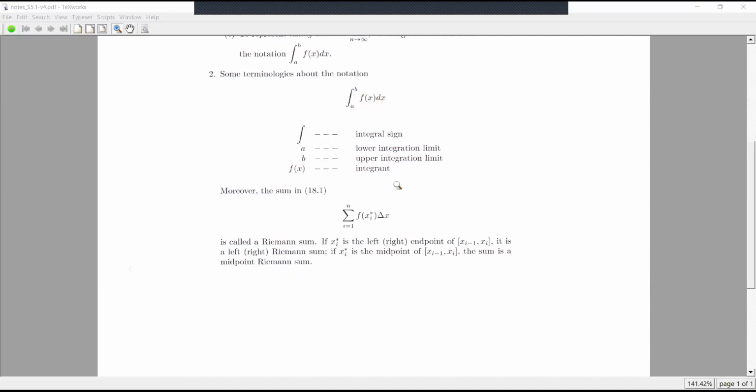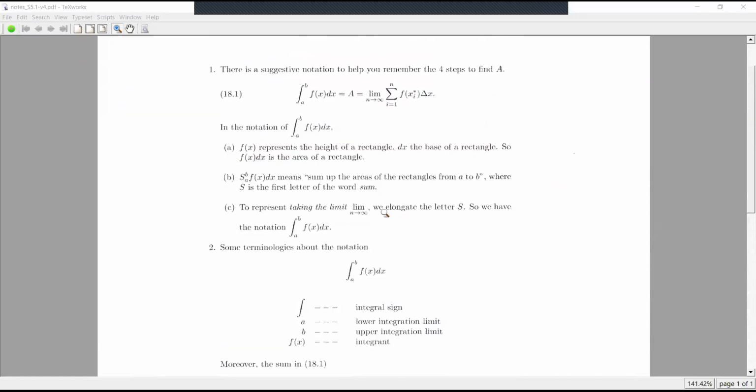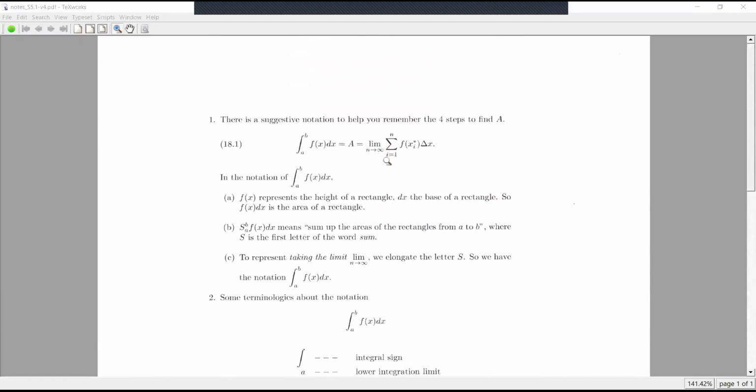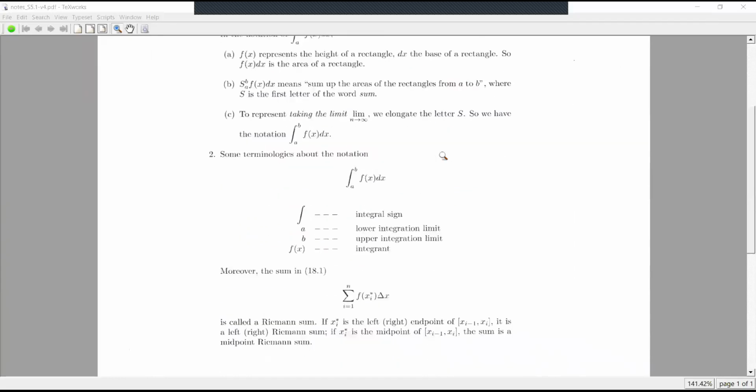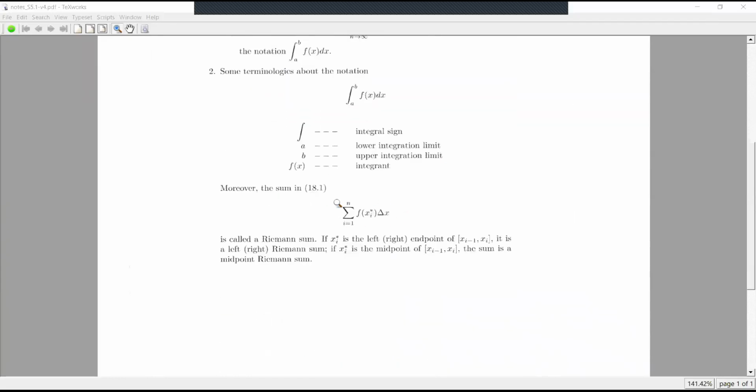And also we give a name to this sum. This sum is the summation of areas of rectangles. We call this sum a Riemann sum.